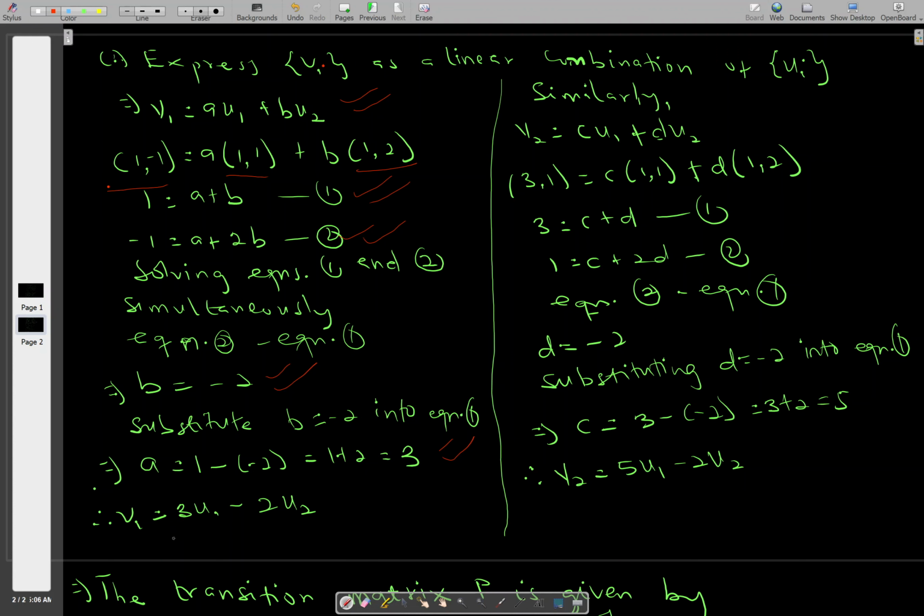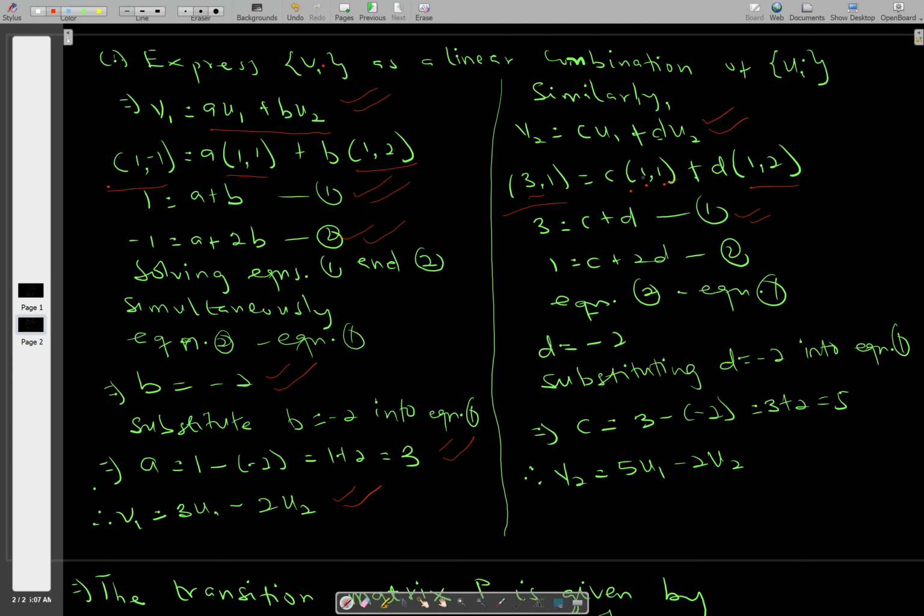So therefore V1, which is AU1 plus BU2, is given by 3U1 minus 2U2. Similarly, we express V2 as a linear combination of U1 and U2. So this is V2, this U1, this U2. We solve for the unknowns, and here the unknowns are C and D. We pick the first element in each of the vectors: 3 equals C plus D, that's equation 1.